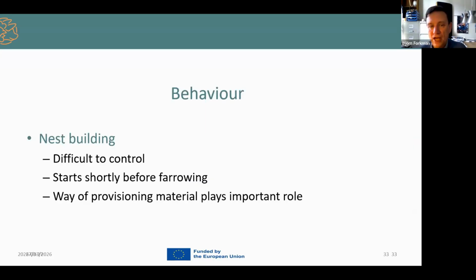An important behavior for sows is nest building. It's difficult to check whether sows have access to nest building material, both because they only need it shortly before farrowing. So a farmer can always say, well, she's not going to farrow yet. And also because the way of provisioning the material plays an important role.